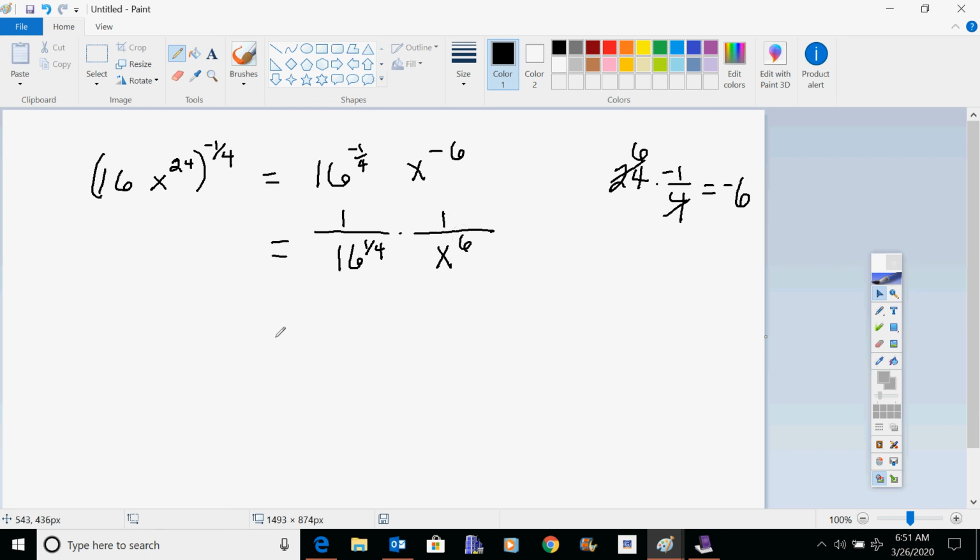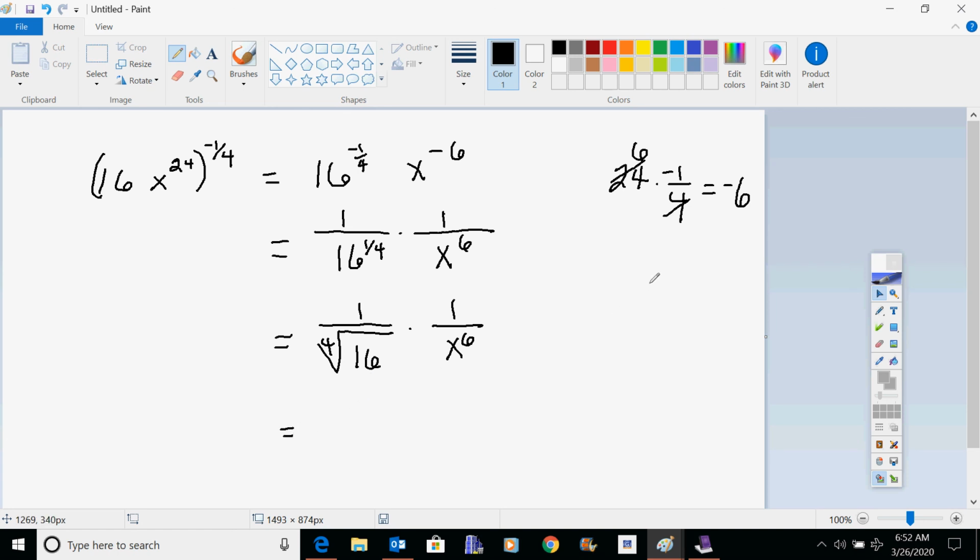This one is nearly done. This one, however, a little bit more steps, not too much. We still have 1 over the 4th root of 16. And you're looking for what number times itself, times itself, times itself, so that you've got 4 of them, would end up giving you 16.